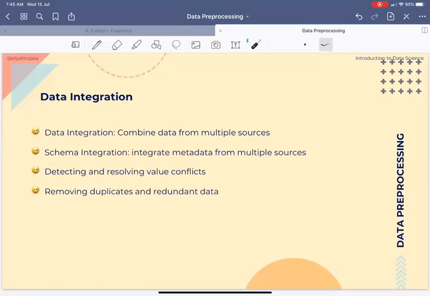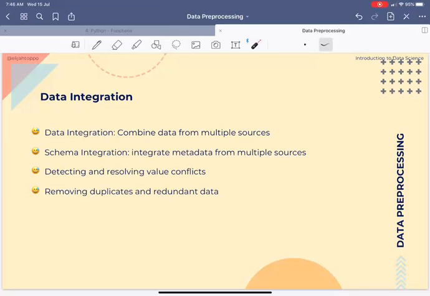Then you have another CSV that talks about different samples, user IDs and ratings that people have given. Another CSV has user IDs and tags that people have given, along with timestamps. So we have the data in one form, that is CSV files, but they are divided into different files. Schema integration would be, how do I integrate metadata together?